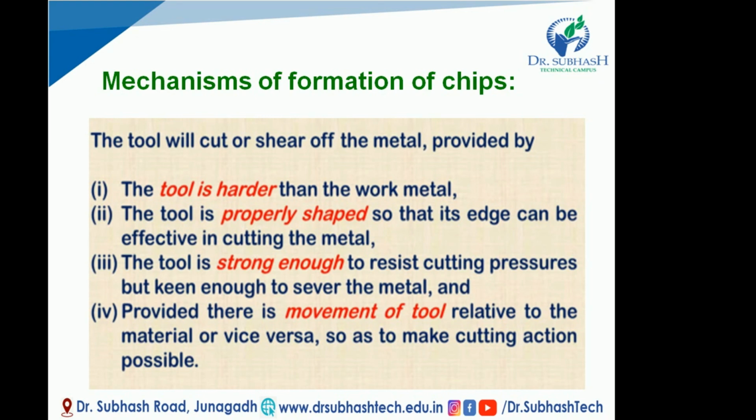Second thing is the tool is properly shaped so that its edge can be effective in cutting the metal. Third one, that is the tool is strong enough to resist cutting pressure but keen enough to sever the metal, provided there is movement of the tool relative to the material or vice versa, so as to make the cutting action possible, right? Thank you.